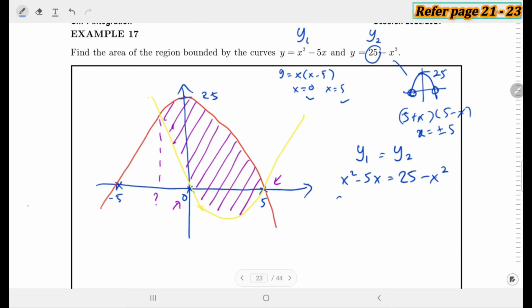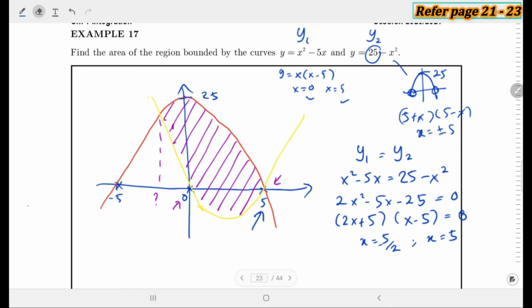This results in a quadratic equation, 2x squared minus 5x minus 25 equals 0. It can be factorized into 2x plus 5 and x minus 5. So x is negative 5 over 2, and also x equals 5. x equals 5 is already here, and this point here is negative 5 over 2.